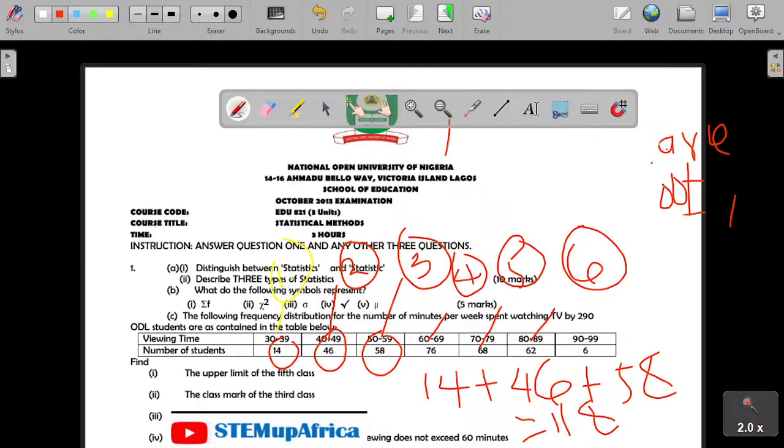Remember, we know the total number of students who participated in the exercise, 290 people.